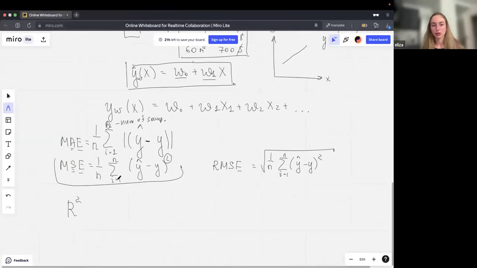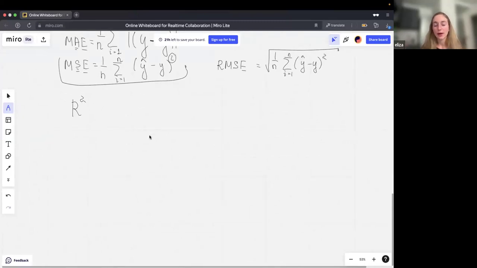Let's draw. When you solve a real problem, you have features on different scales. For example, you have a price, and the price belongs, for example, to $1,000 to $100,000.